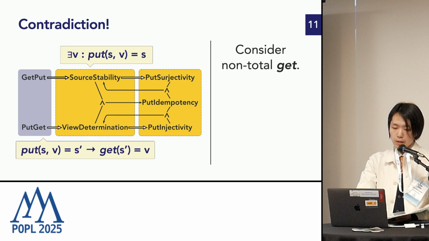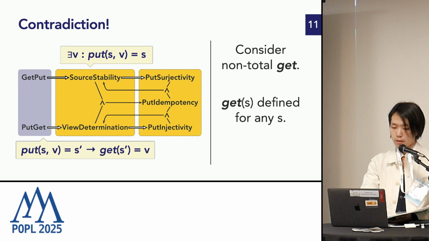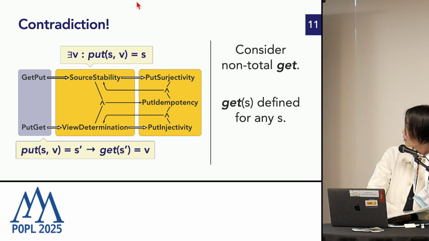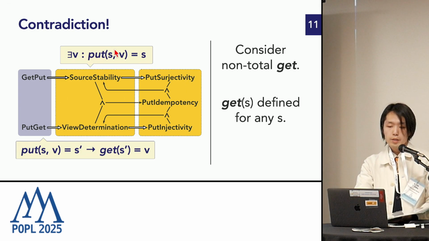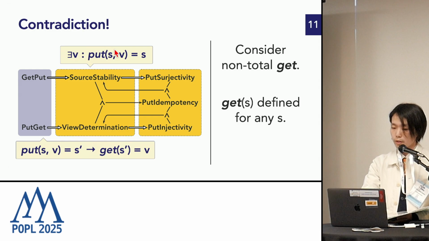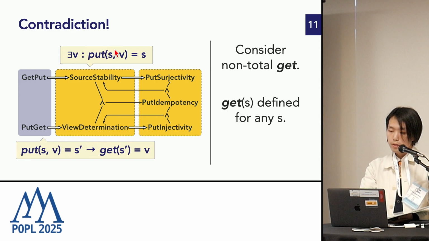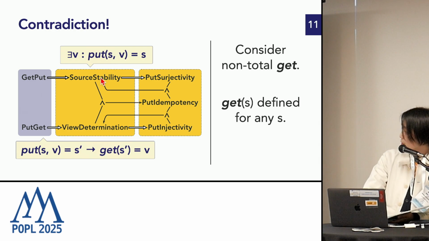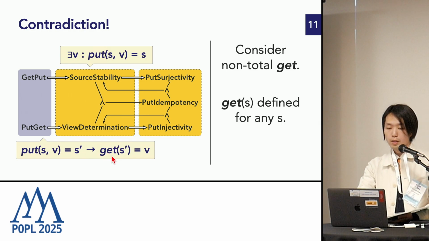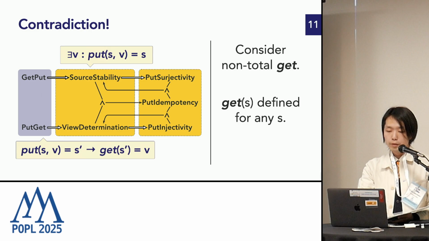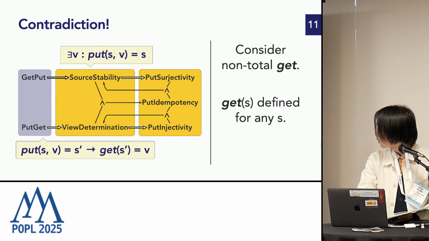From source stability, any source has a view that does not change the original source when it is put. Then from PutGet, any source produces a view. This is here. The get is defined on any arbitrary arguments. Defined on S.